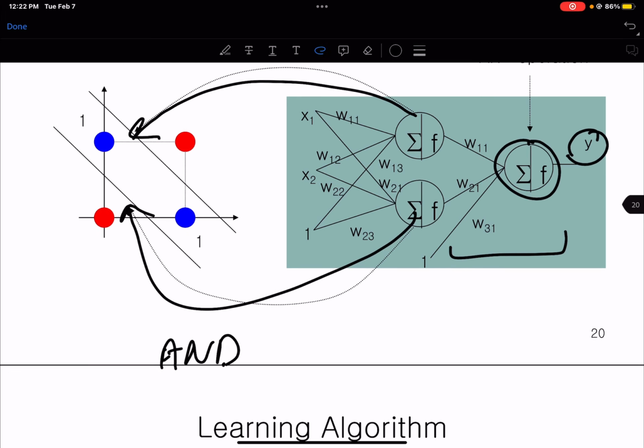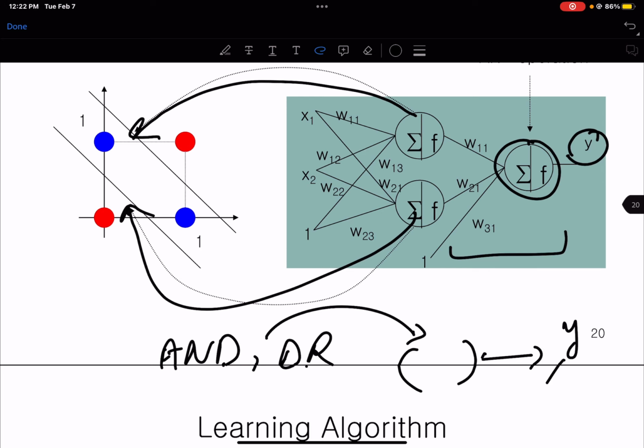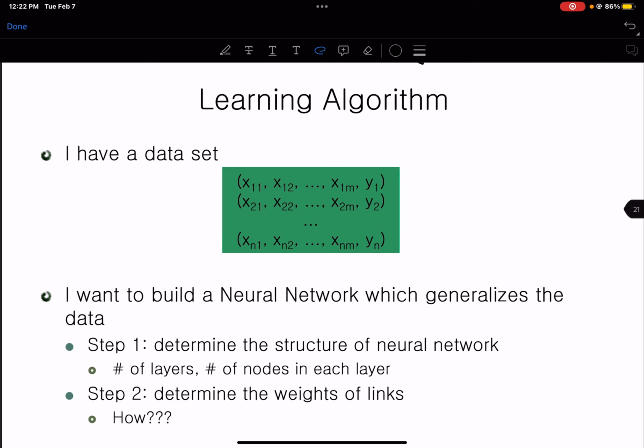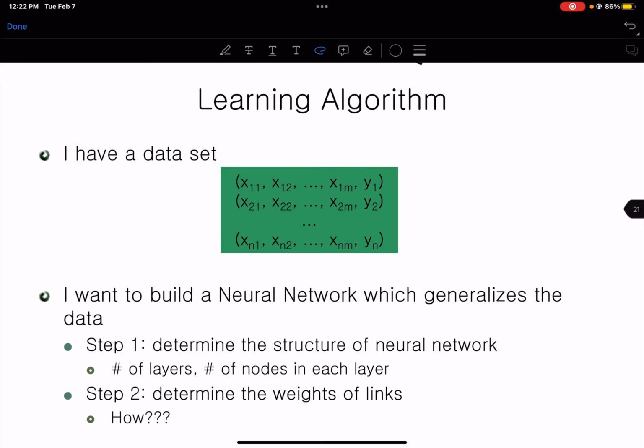We used AND and OR operations and a combination of them to give our XOR output for any given x1 and x2. So we already know how we define a data set.